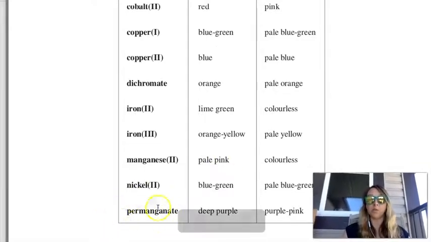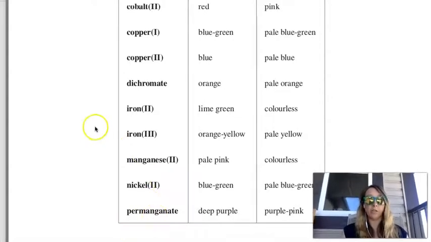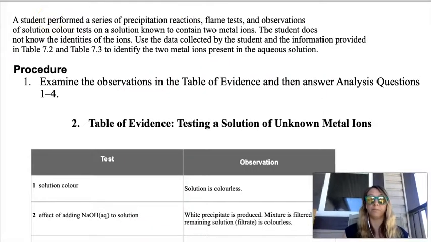Permanganate's another super obvious one because it has this really dark purple color. Usually you guys compare it to purple Kool-Aid. Hopefully if we're back to school next year, when we are in Chem 30, you'll be able to do a titration with that permanganate and you'll see that really dark purple color. But that's another property that we can also use to help identify what a solution is.